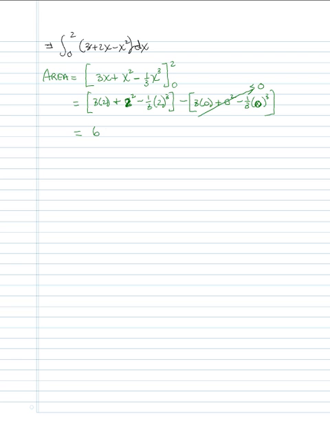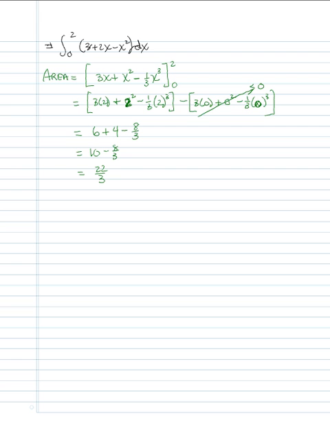3 times 2 is 6, plus 2 squared, which is 4, and 2 cubed is 8, so it's minus 8 over 3. And of course that's 10 minus 8 over 3. And with just a little bit of calculation, it wouldn't take us anything to figure out that that is 22 over 3.